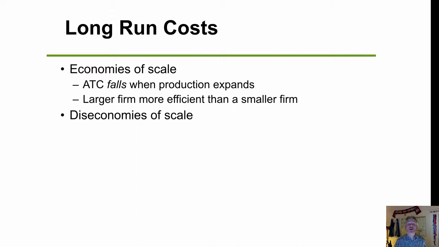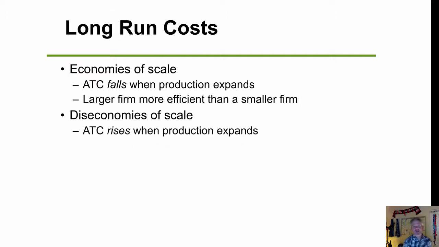So the average total cost falls when production expands. If a larger firm is more efficient than a smaller firm, then you have economies of scale, right? So as you make bigger and bigger factories, or hire more, or buy more and more trucks, or grow the size of your firm, if your average total cost is falling, then you have what is called economies of scale.